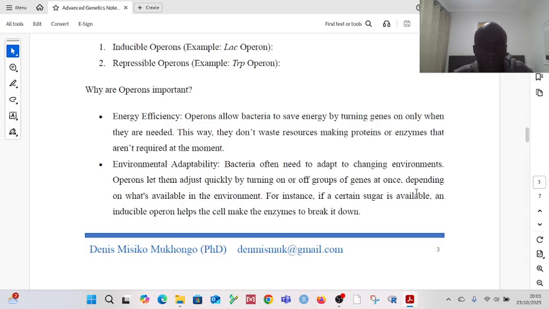If, for example, a certain sugar is available, then the bacteria can now turn on an operon to create enzymes that will help to break down that particular sugar. The sugar is available in the environment of that bacteria. The bacteria then turns on the operon.